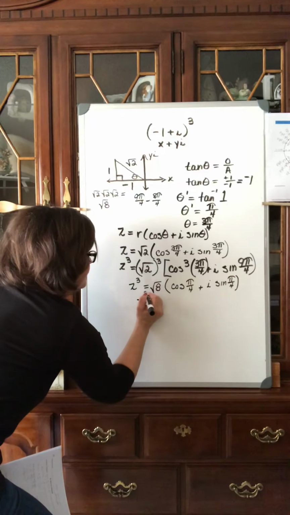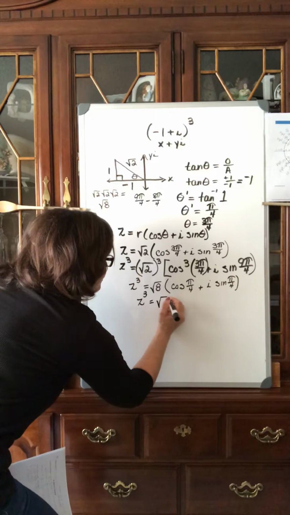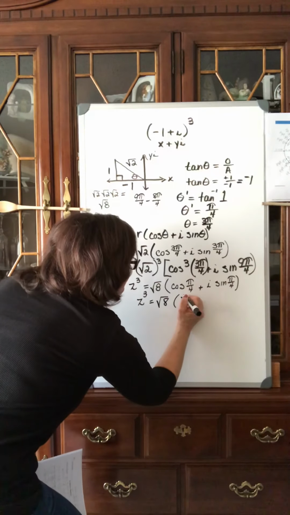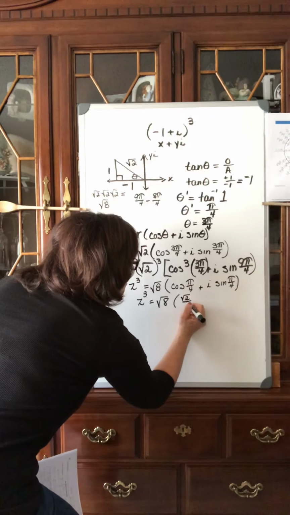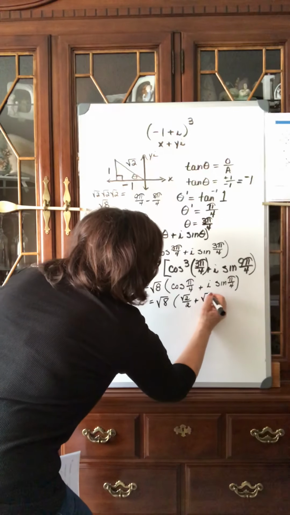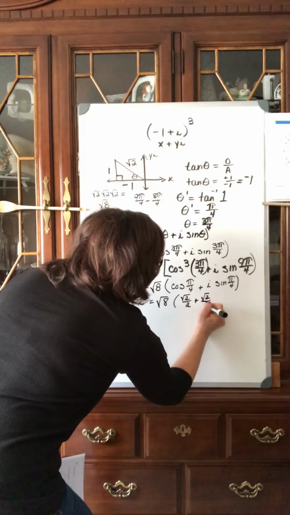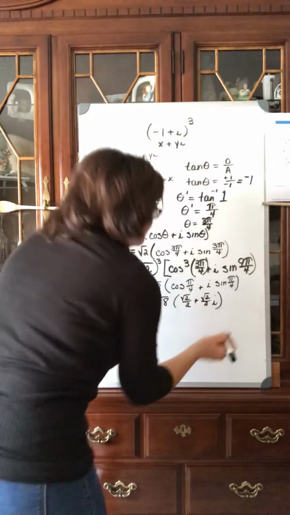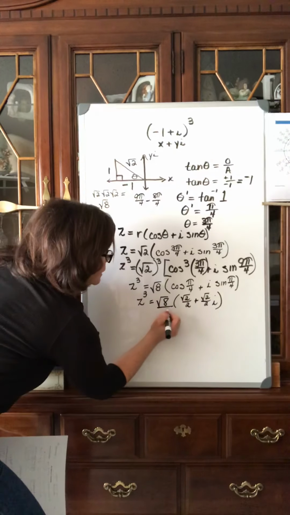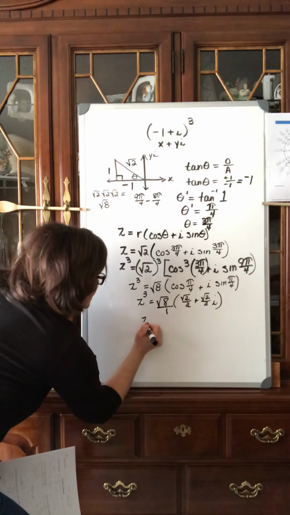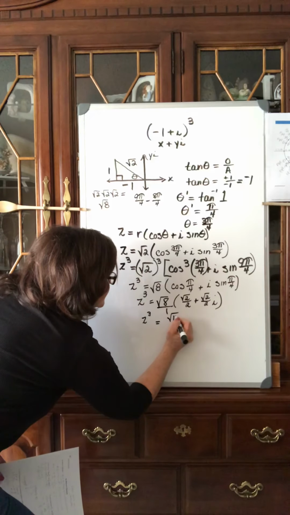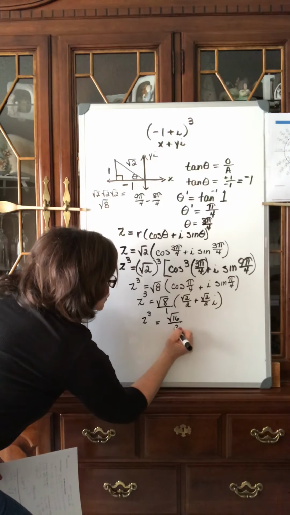Z cubed will be equal to the square root of 8. The cosine of pi over 4 is positive radical 2 over 2. The sine is also positive radical 2 over 2. Don't drop the I. When you distribute the radical 8, which is radical 8 over 1, z cubed is equal to the square root of 16 over 2, plus the square root of 16 over 2i.